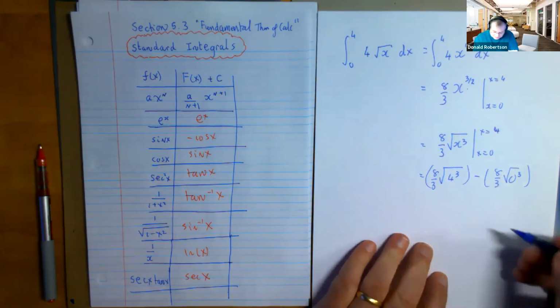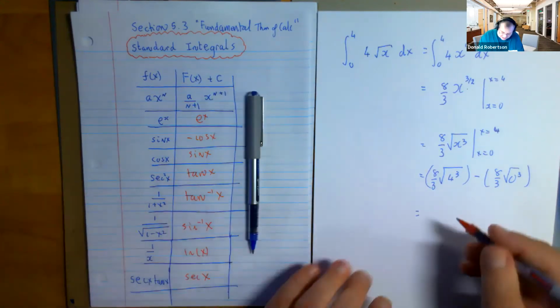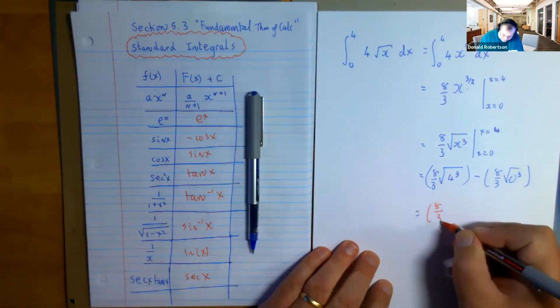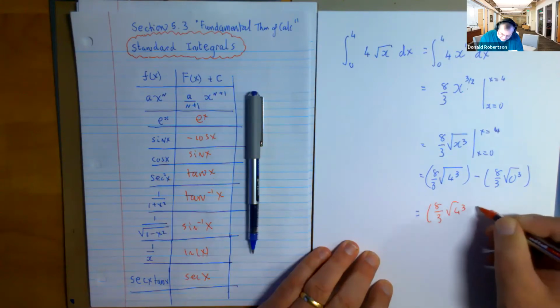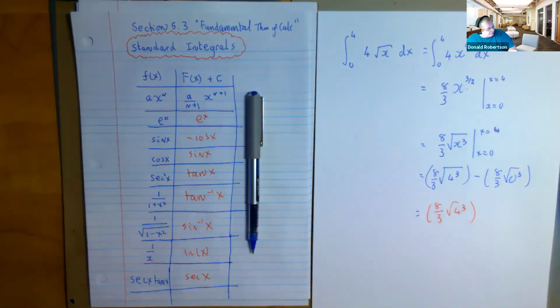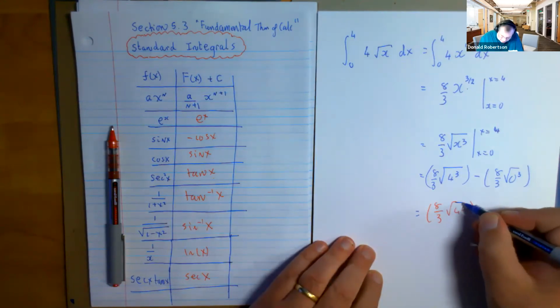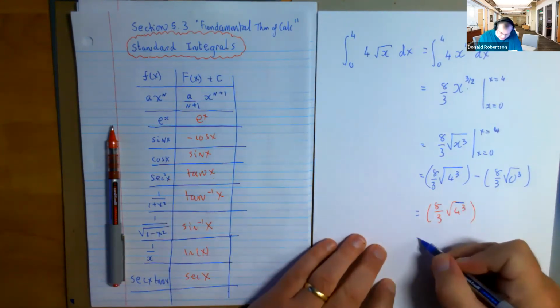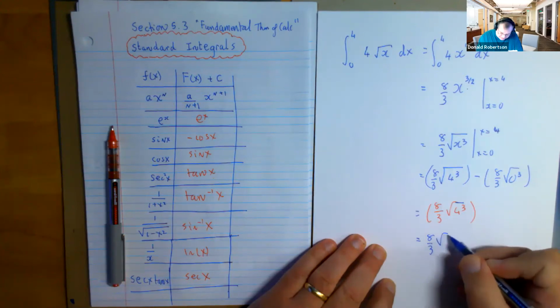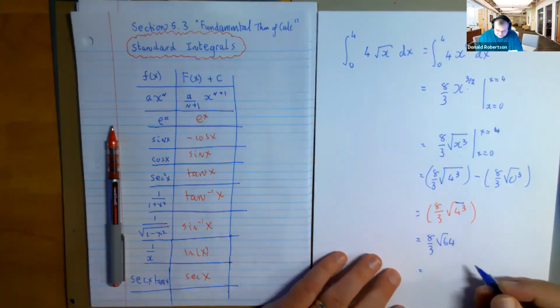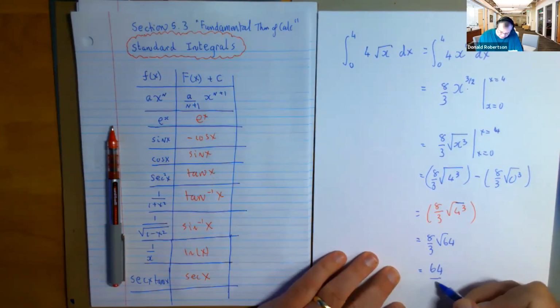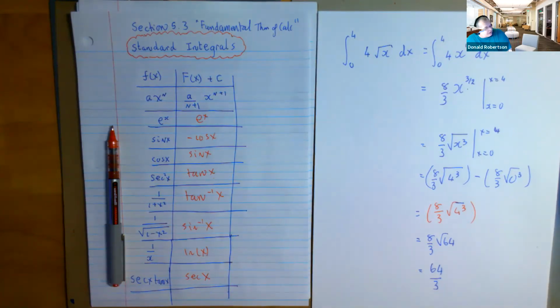So if I wanted to make my life easier, I should have probably written this as that. Take away 0 doesn't count. Now, 4 cubed is 64, and the square root of 64 gets you 8, and 8 eighths gets me 64. Hopefully I did that all correct. It's 64 thirds. Agreed?